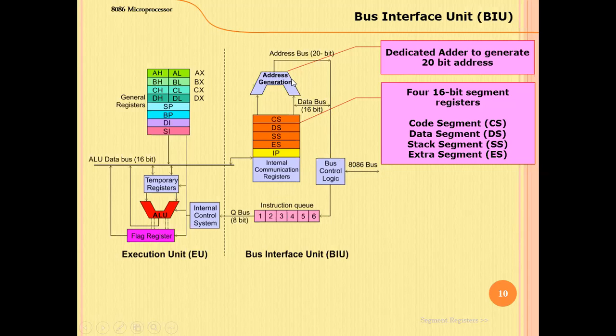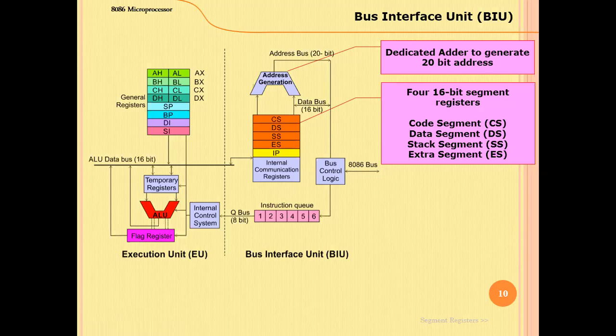To help the address generation, there are 4 segment registers. Each segment register is going to deal with a particular segment in the memory. For easy accessing of memory, the memory is logically divided into 4 parts: one for code, another for data, another for stack, another for extra data.